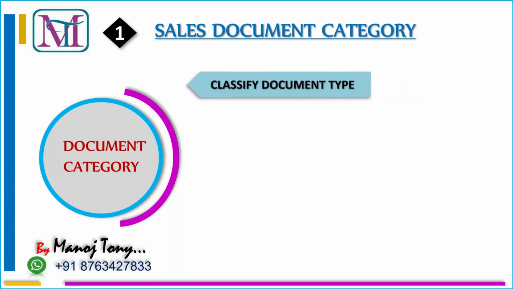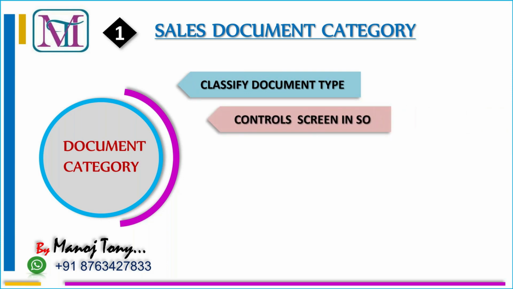What is the functionality of sales document category? Document category has a major role in sales document types. We have various functionalities of this particular field. First, it will classify the sales document types. Second, it controls the screen in the sales order.